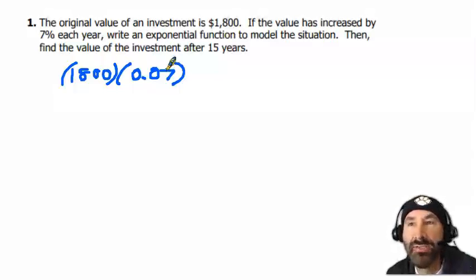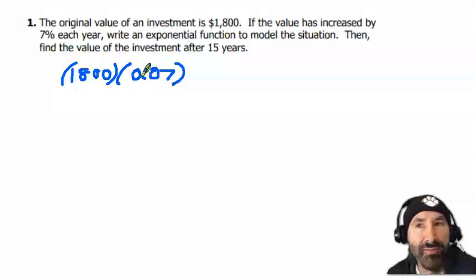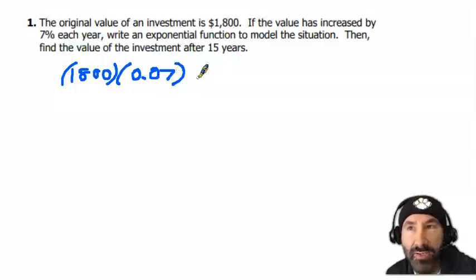Okay, so we'll multiply 1,800 times 0.07, but that does not give us how much we'll have in the bank at the end of the year. All this tells us is how much interest we will have made on the 1,800. So if we want to know how much we have in the bank at the end of the year, also known as the balance, then we'll say plus, that's the interest amount, plus the original 1,800.